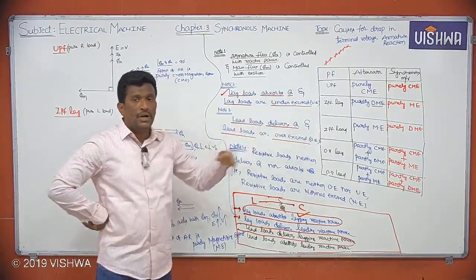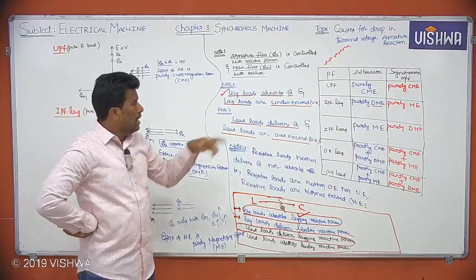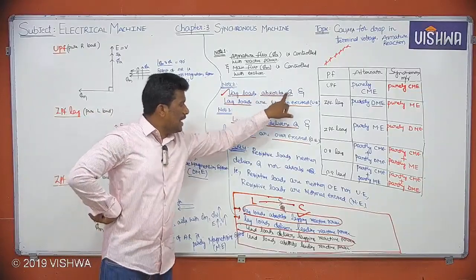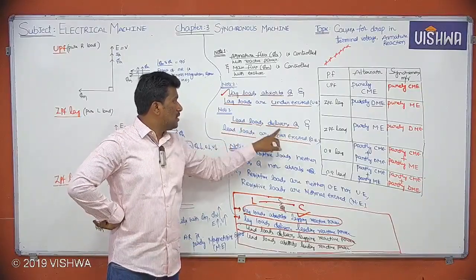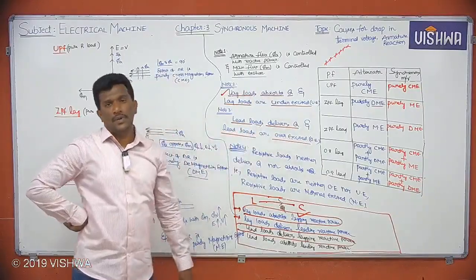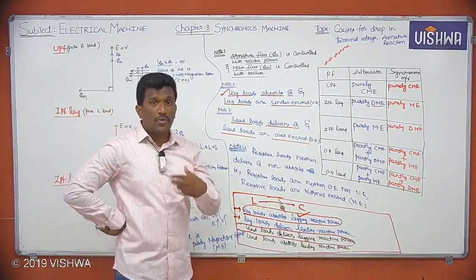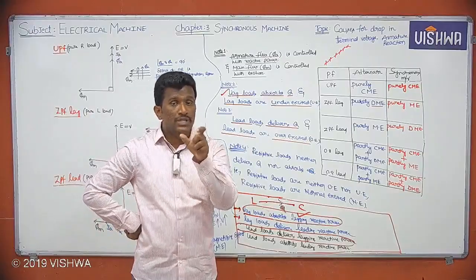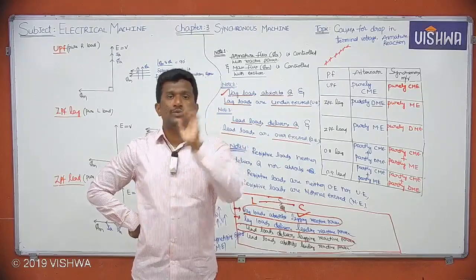So by default, I discussed lagging reactive power. Lag loads absorb lagging reactive power. Lead loads deliver lagging reactive power. So by default, please take that reactive power as lagging reactive power.